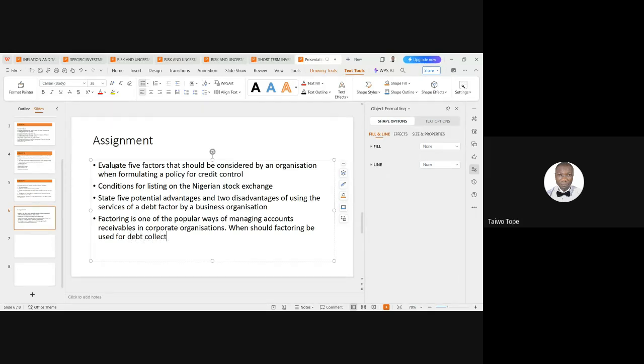There is something likewise. I don't know from your research if you've come across it. The question is this: briefly explain each of the following factoring terms.